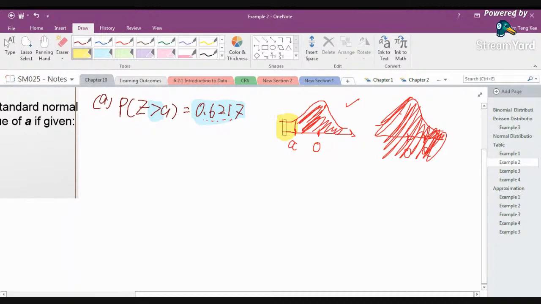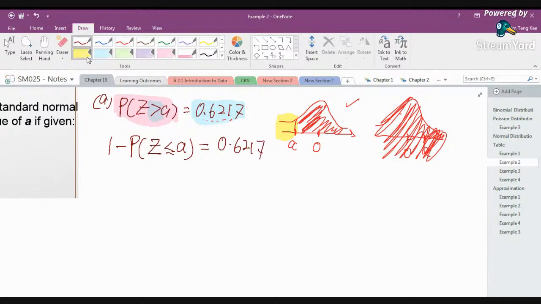So I take overall minus the region highlighted in yellow, I will get the region shaded in red, which is referring to these probabilities here. So therefore, I'm going to use the idea of 1 minus. So I have 1 minus P(Z ≤ A) = 0.6217. The part highlighted in yellow is actually this one, Z less than or equal to A.